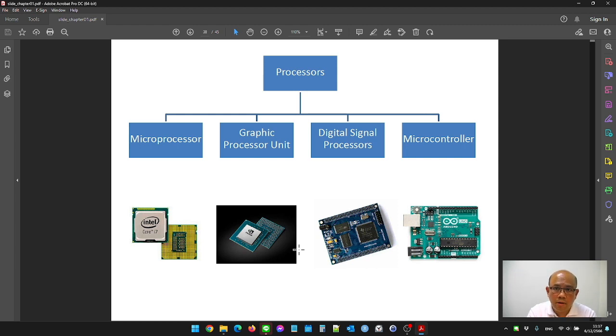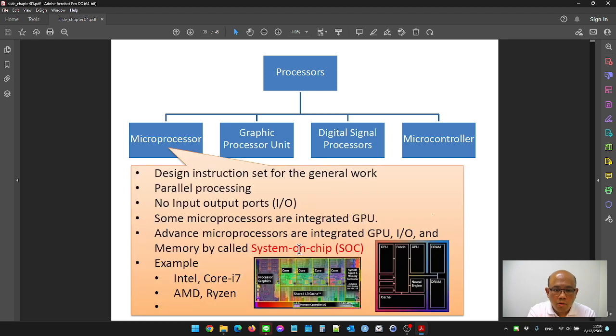Intel invented the x86 for microprocessors. The microprocessor is designed with instructions that do the general work.